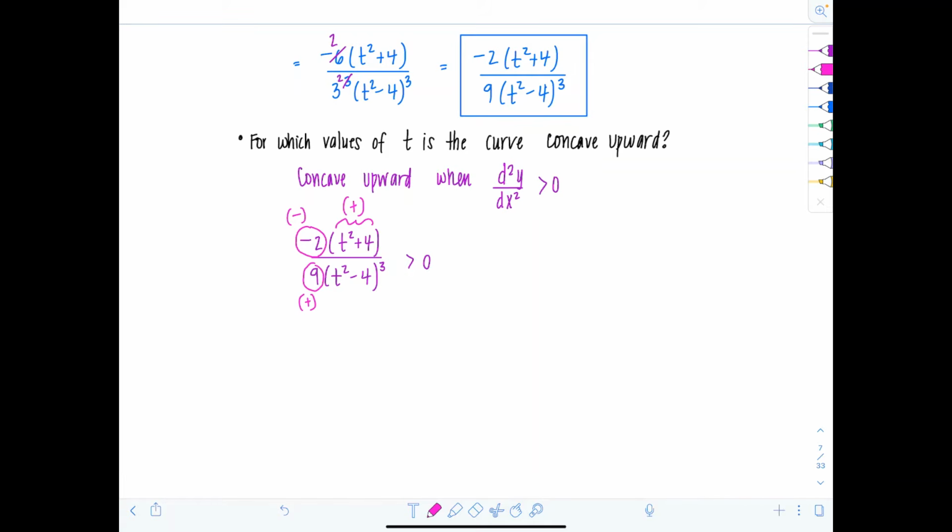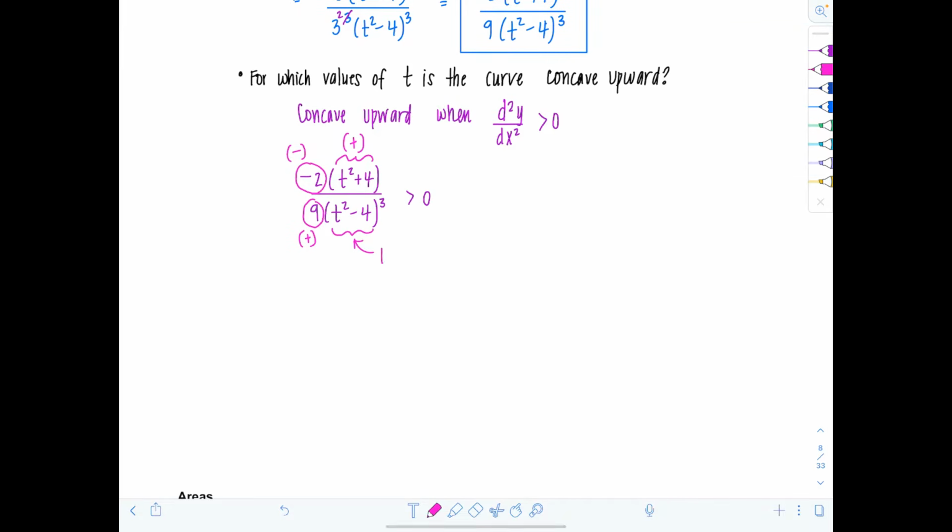And if I want the whole second derivative to be positive, then what I need is for t squared minus 4 to be negative in order for the second derivative with respect to x to be positive. So let me write this out here. T squared minus 4 cubed needs to be negative, right? So if it's negative, then that would mean the denominator is negative, the numerator is negative, so the second derivative would be positive.